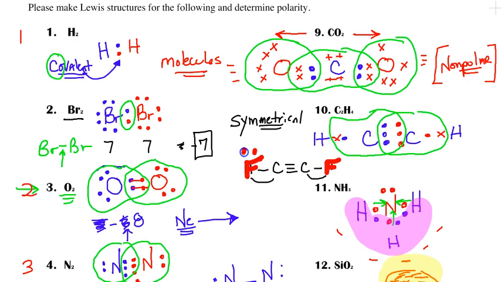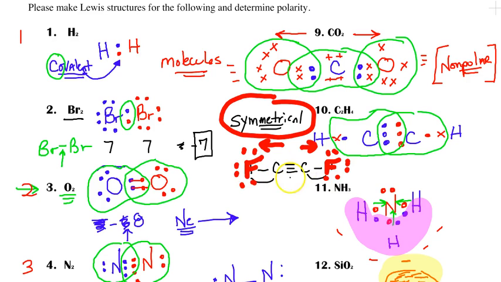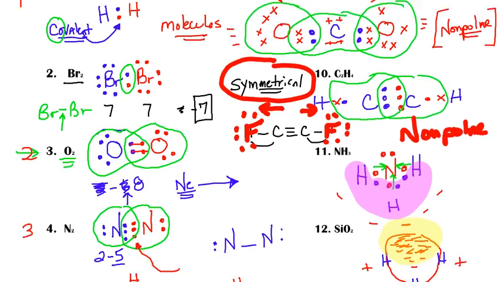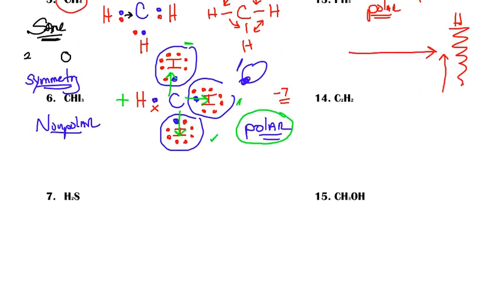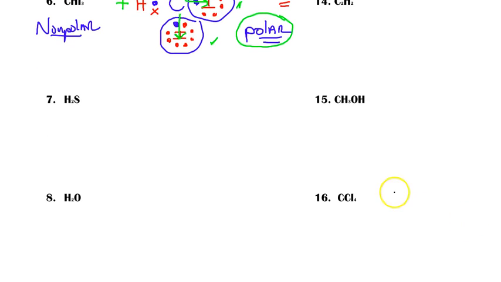Now, yes, I'd have to draw the other lone pairs around, technically speaking. But if I had these F's at the end, which would pull the pairs more so than the hydrogen, it still would be very symmetrical, and no side would be different, and this would be nonpolar. Okay? So to identify polar and nonpolar, we look at whether molecules are the same all the way around.